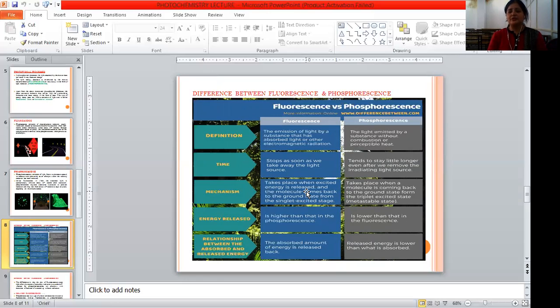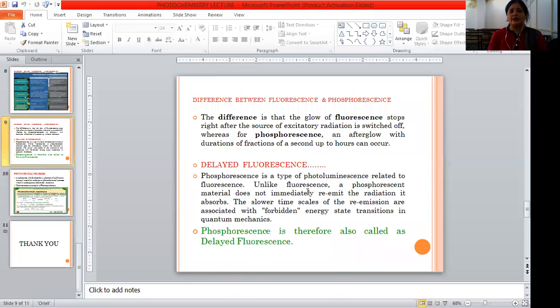From singlet, it goes to triplet, and in doing so, it reduces the energy. So the difference is that fluorescence stops right after the source of excitation radiation is switched off, whereas phosphorescence can continue even after the source of radiation is removed. This is one reason phosphorescence is also known as delayed fluorescence.